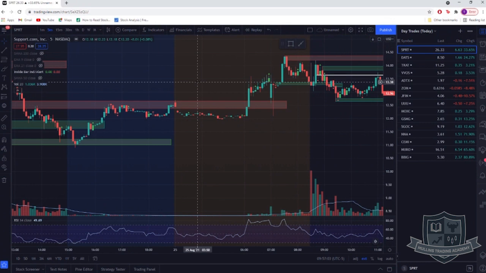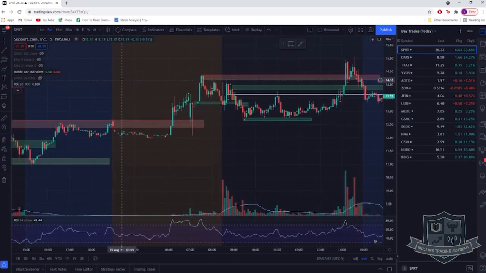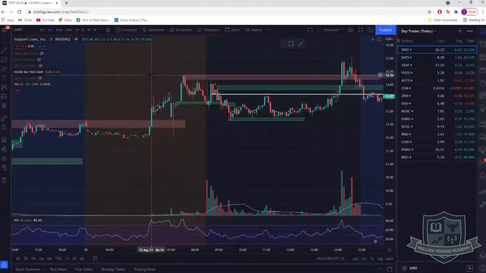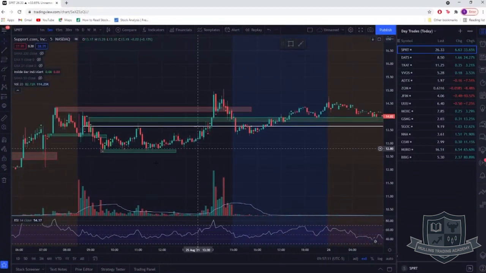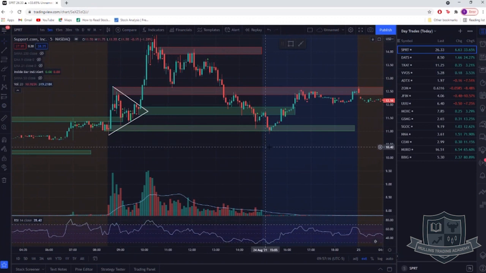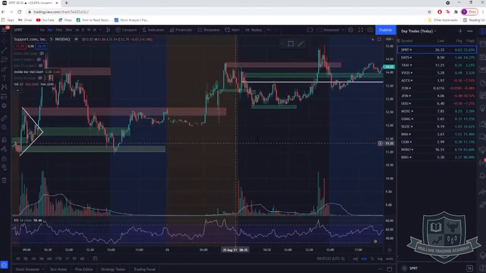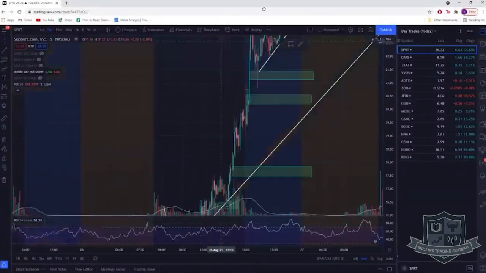You don't need to feel like, man, Gup's chart right here in front of me is loaded with zones and James lines and patterns and RSI and this, that, the other. Yeah, this chart is chock full of that.